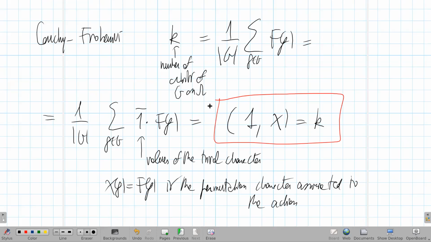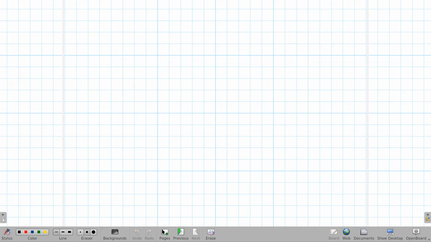I mean, there was no reason whatsoever to consider character representations, but they enter in this. And how do we formulate this? Well, let me repeat this point because it's very important, at the risk of being boring.